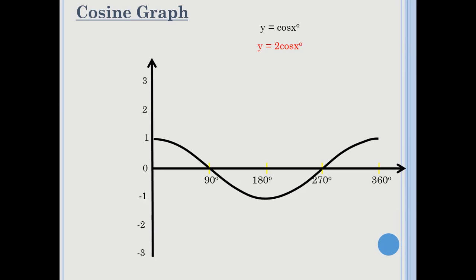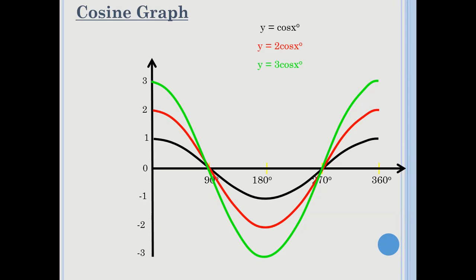If we do the same thing again and we put 2 in front of the cos x, the same thing happens. We are able to stretch the graph in the y direction. If we put a 3, we get the same thing. It stretches again. And just like the sine graph, if we put in the 0.5, then it compresses it.